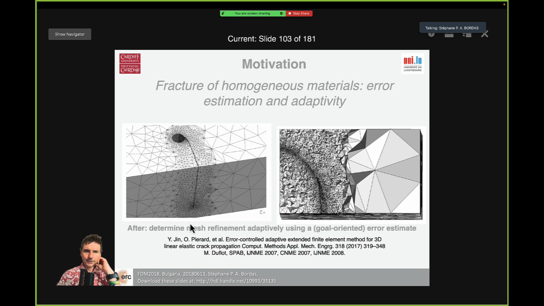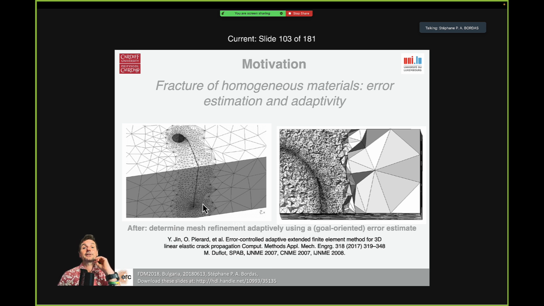I just want to tell you for now that we have worked on that with a company which is a research center called Senairo, and they have implemented this in their commercial version for 3D fracture mechanics. So you see how a crack can propagate, and it's actually decimating the number of points. So we have far fewer points for the same error.